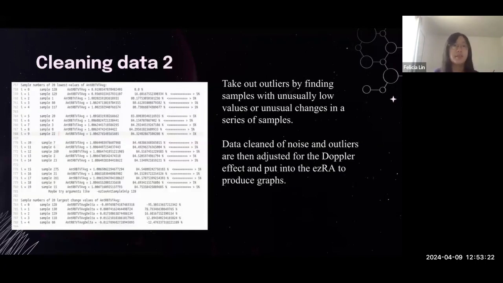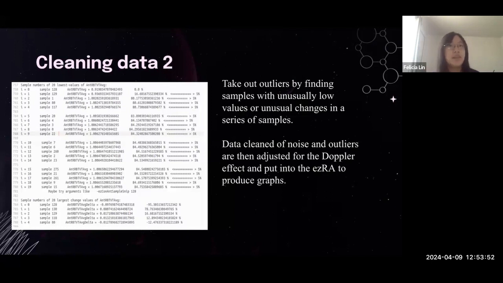Another part of refining our data is taking out some of the outliers. We usually figure out the outliers by turning our data into percentage values, where the data with the highest energy that we detected would be 100%, and every other sample is relative to that.